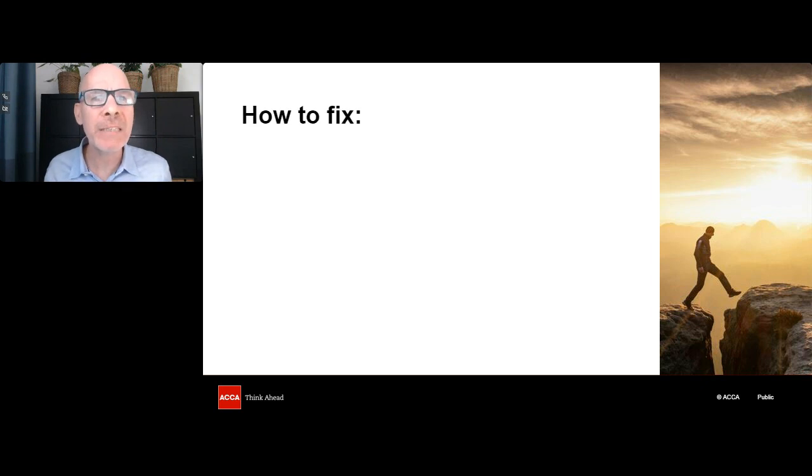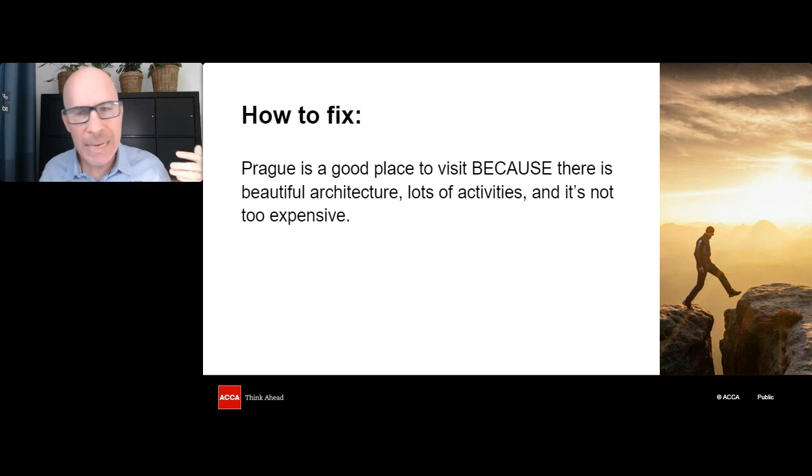So every time in the exam you are making a point, you need to add the linking word because. Prague is a good place to visit because there is beautiful architecture, lots of activities, and it's not too expensive. Return on capital employed is not an effective metric for measuring shareholder value.